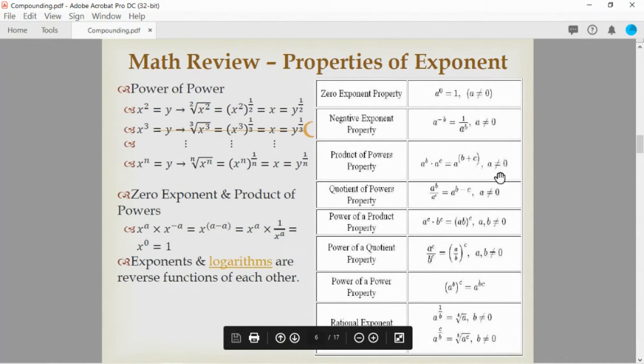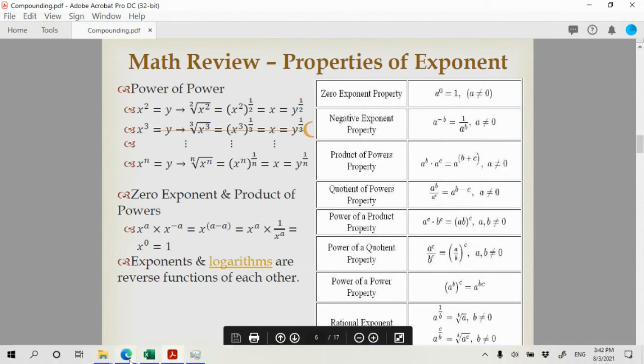Yesterday we were talking about some of the properties of exponents, and there was something we didn't talk about. I want to talk about this because it's an interesting thing.